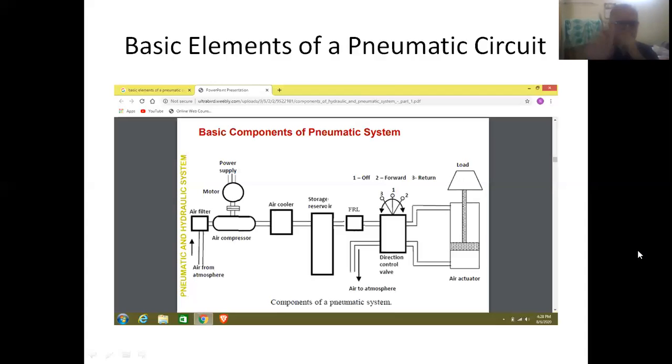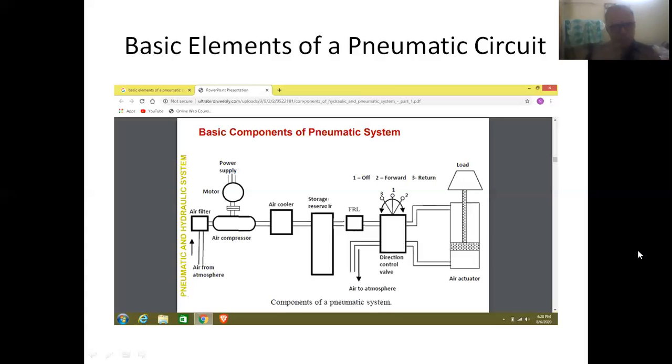So friends, a filter for removing impurities before sending air to the cylinder, a regulator for regulating the pressure of the fluid that is entering the cylinder, and finally a lubricator for lubricating the piston that is moving inside the cylinder.